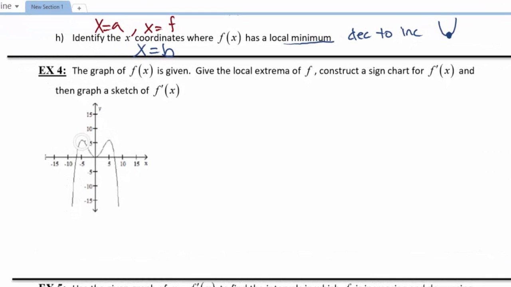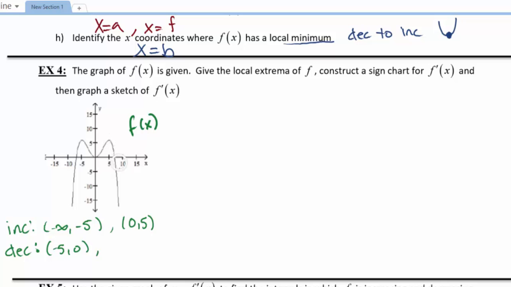If I look at this graph, this is the graph of f of x again. I know that this graph is increasing from negative infinity to negative 5. It's decreasing from negative 5 to 0. It's increasing again from 0 to 5. And it's decreasing from 5 to positive infinity.